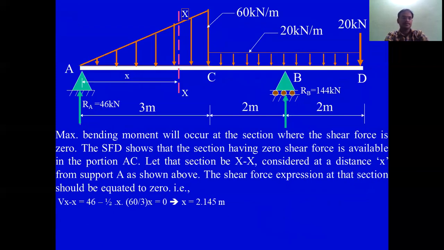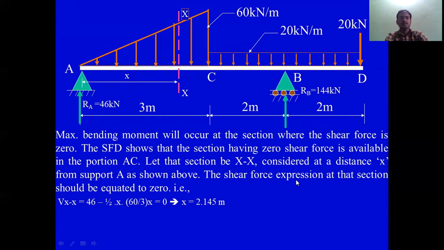The maximum bending moment will occur at a section where the shear force is 0. The shear force diagram shows that the section having 0 shear force is available from support A as shown above.